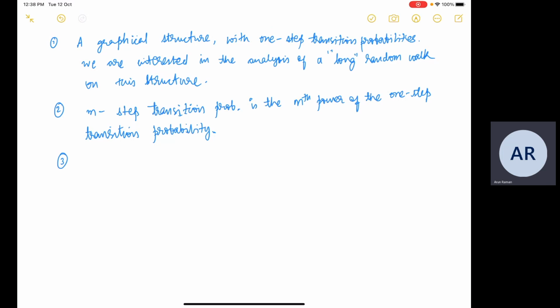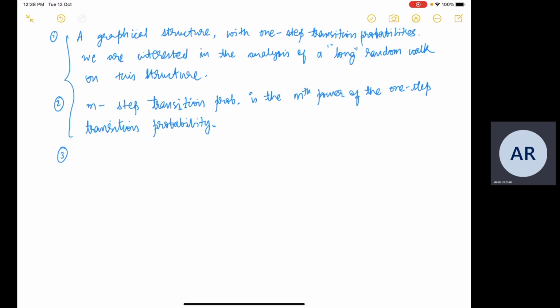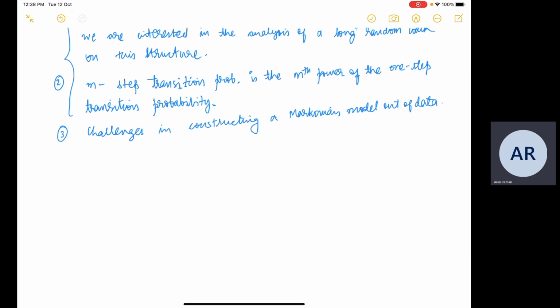Okay. So after the first two items, we basically defined the behavior of a Markov chain or the random walk. Then we also discussed challenges in constructing a Markovian model out of data. Homework 3, in fact, is related to this point, but it is much more than that.